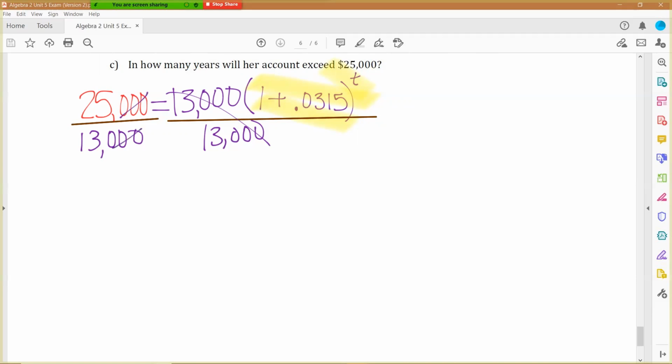I can cancel these 3 zeros out on both of them to simplify my fraction to 25/13. If you type that in your calculator, it's an ugly decimal, and we don't want to round it yet. We're just in step 2. Then on the right side, I now have 1.0315, if I add those two together, to the T power.